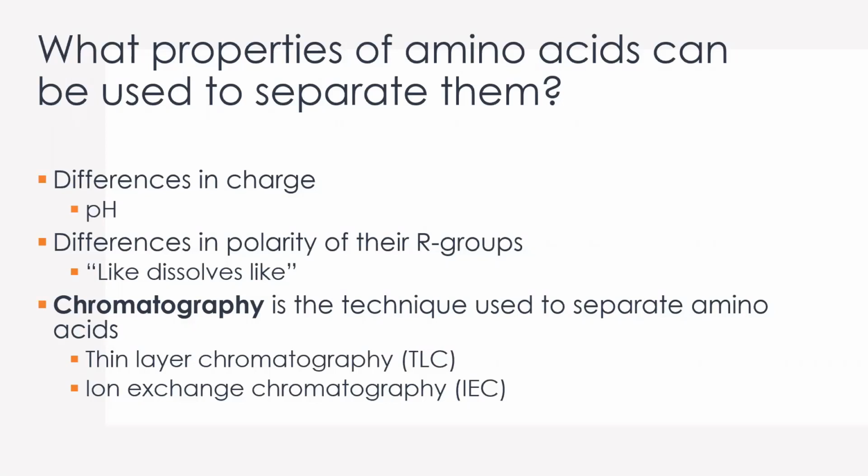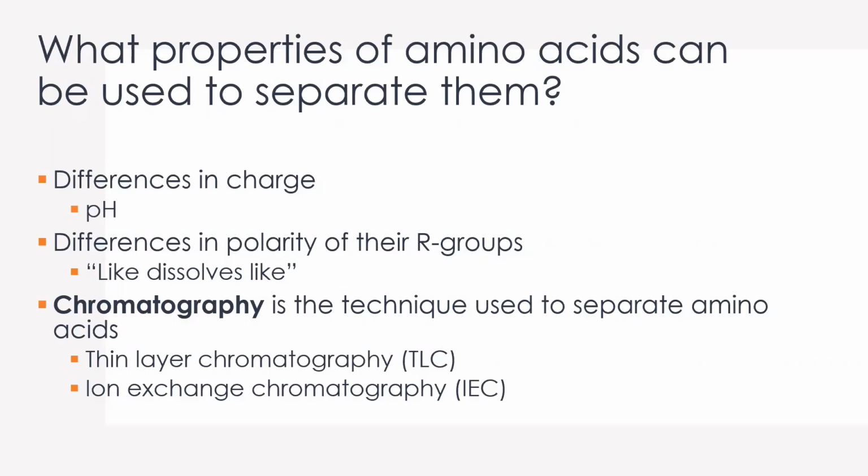As we saw in the previous lecture, charge is affected by pH. Generally speaking, increasing pH tends to deprotonate functional groups. This tends to make the net charge on an amino acid more negative. Decreasing pH tends to protonate amino acid functional groups, making the net charge more positive.